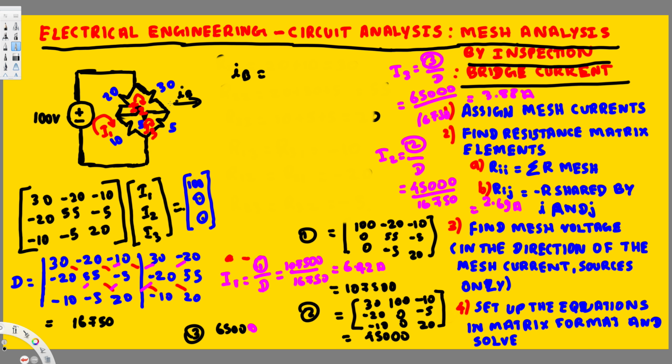I put this current here, going through the middle part. If we put this direction, it's going to be I3 minus I2, because this is going along I3's direction.